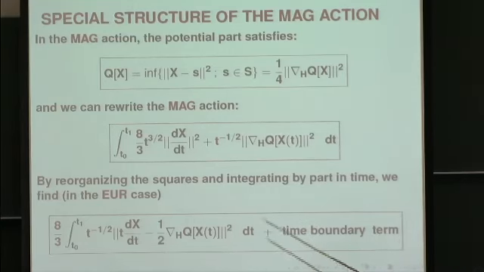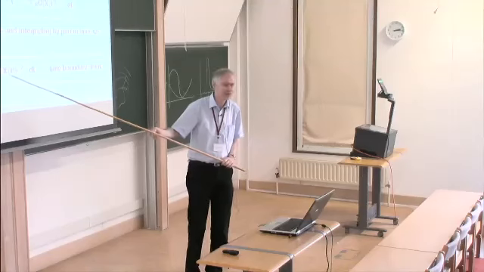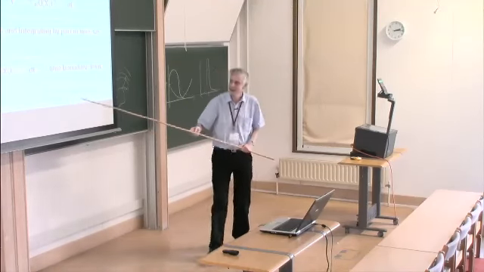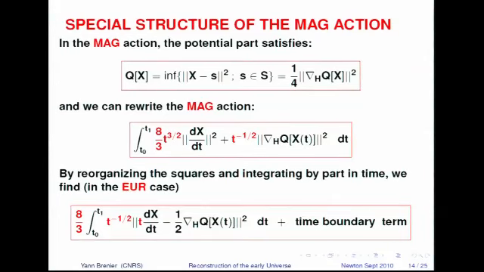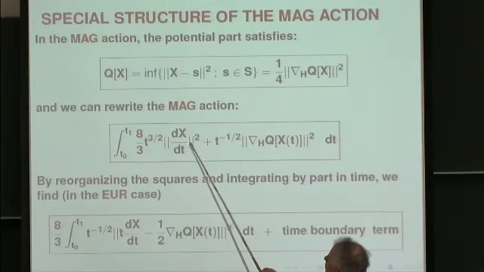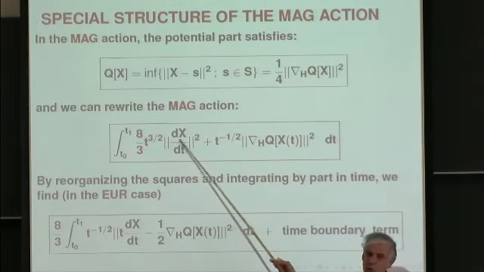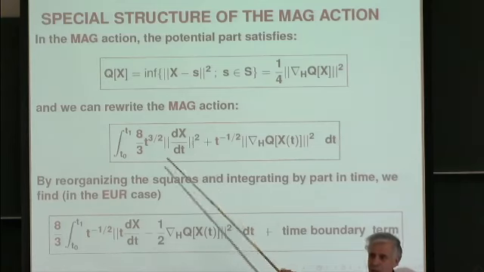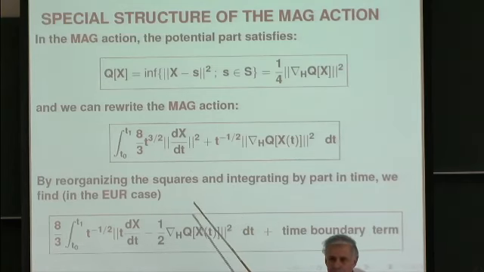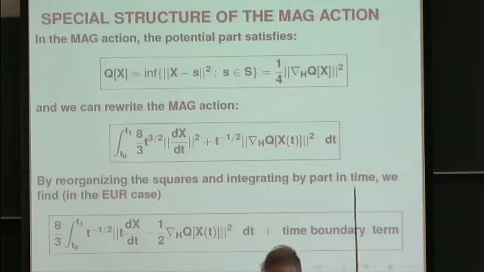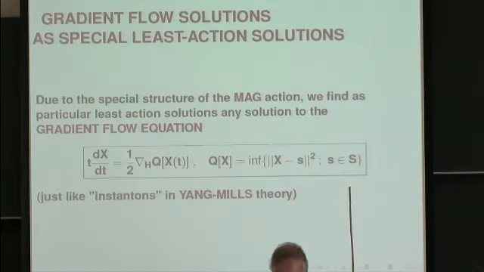But of course, now we have a nice feature of this action: we can find trivial minimizers of the action just by solving this first order equation. So we have an action principle which would lead to a second order equation in time, but we wrote it as the square of a first order equation in some sense. So that's an interesting feature.